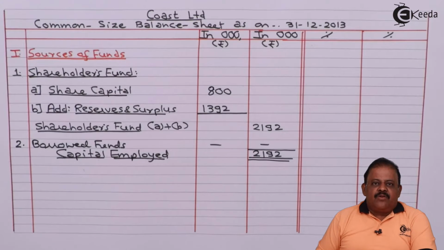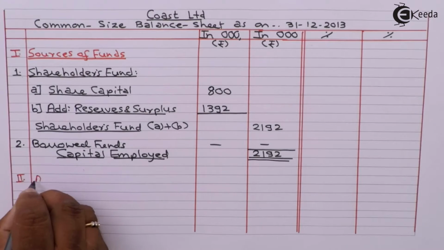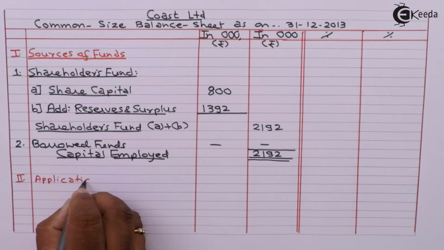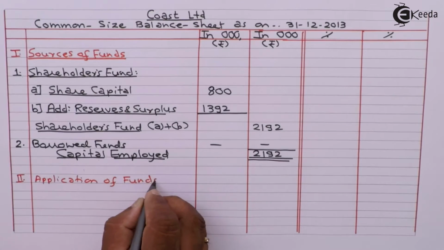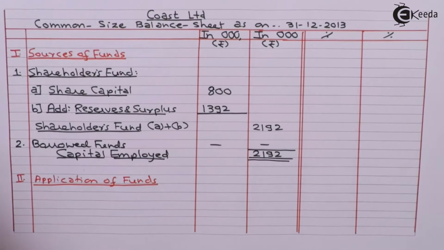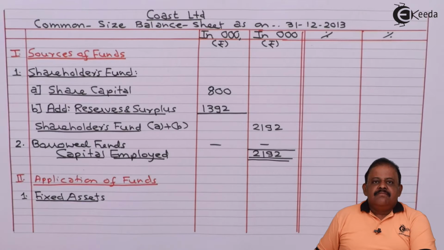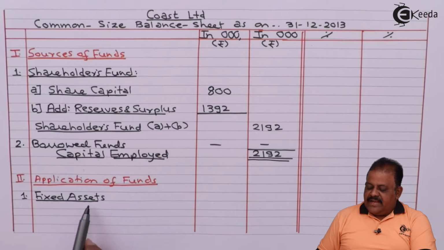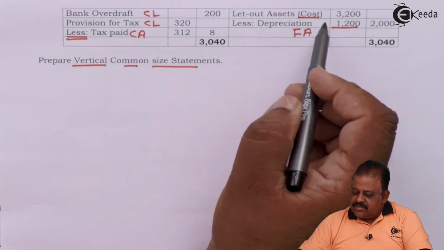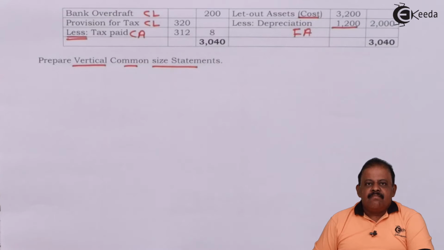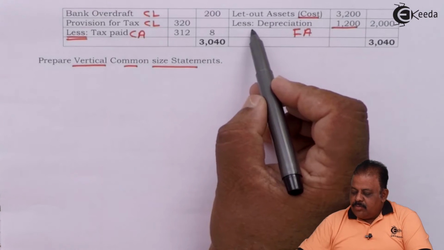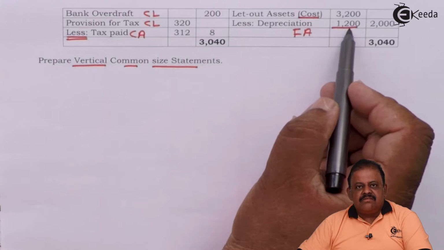Let us start with the second part of balance sheet, application of funds. There first we have fixed assets. Let out assets cost 3,200,000 less accumulated depreciation 1,200,000.